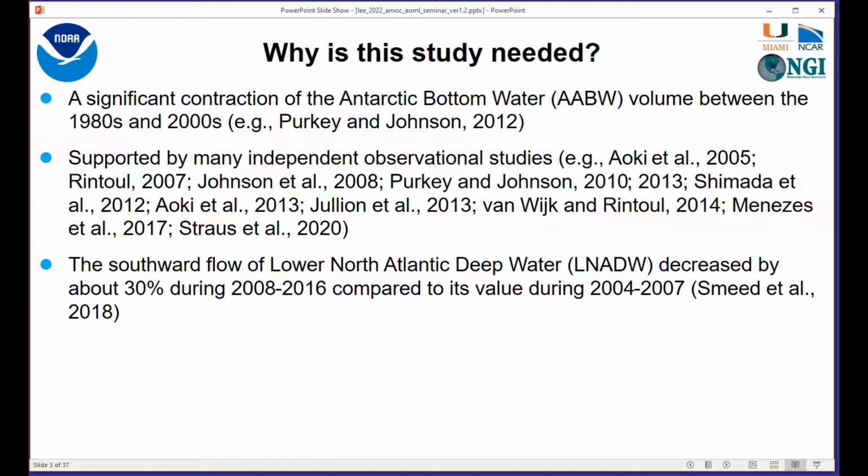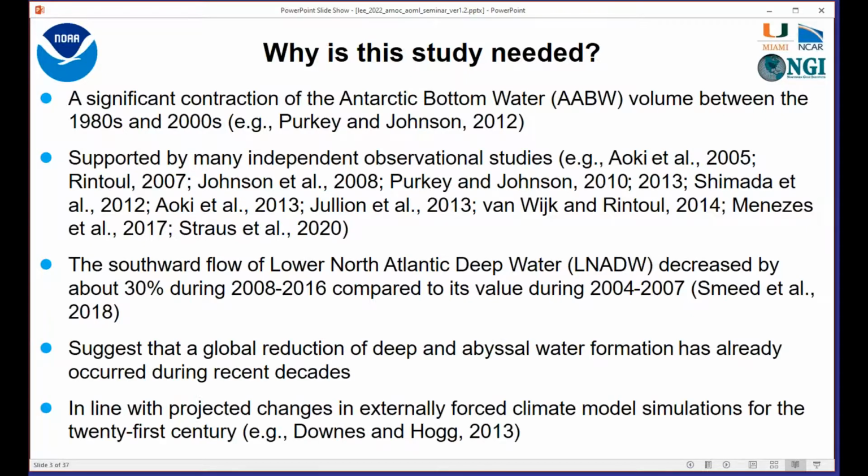This paper showed that the southward flow of the lower North Atlantic Deep Water, which is the densest water in the high latitude North Atlantic, decreased by about 30% during the later period of the RAPID MOC array compared to its earlier period. So that's another piece of evidence. All this observational evidence suggests that there is a global reduction of deep and abyssal water formation, and that it has already happened in recent decades.